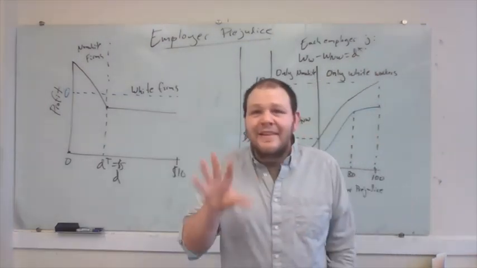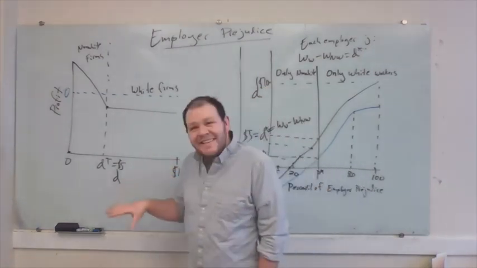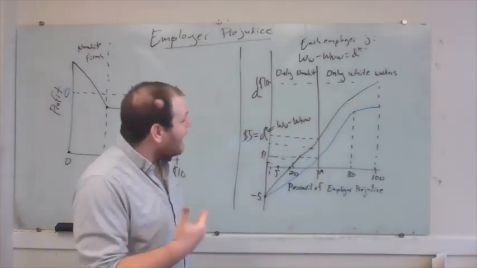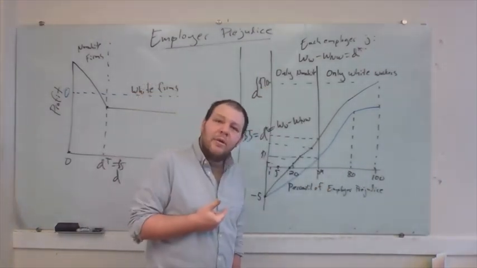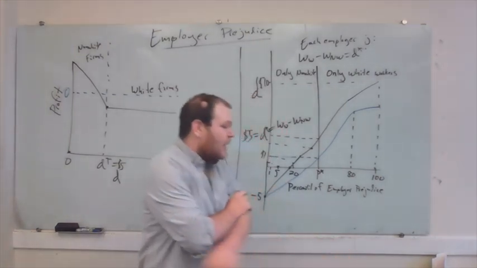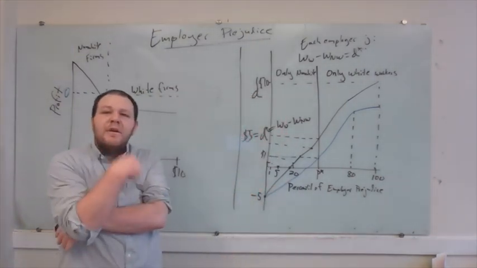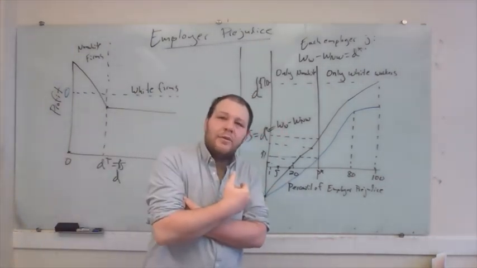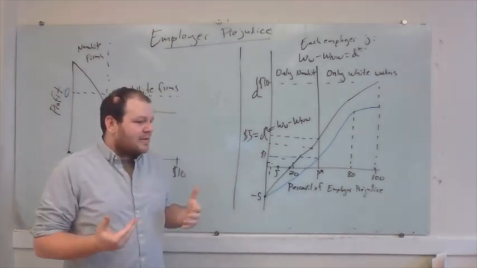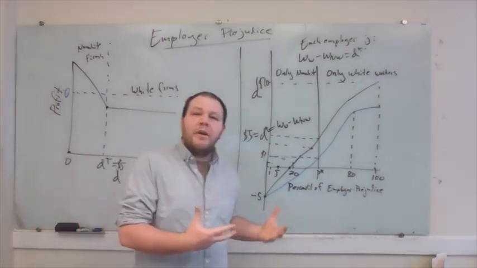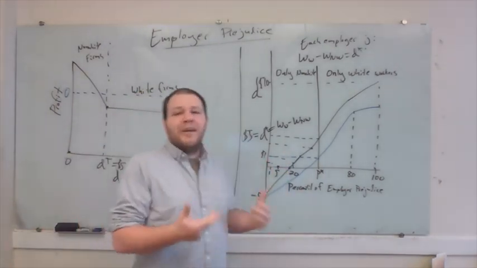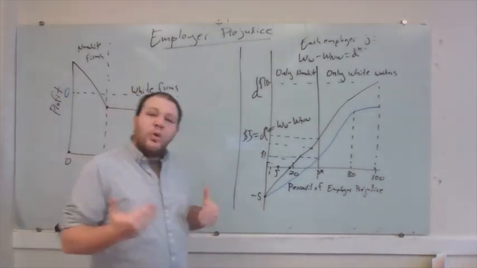The reason that this claim is controversial is that this seems like a fairly obviously incorrect claim. When Becker was writing these models in the 1950s, this might have seemed somewhat reasonable, right? He was writing these models at a time when we had very, very severe, legally sanctioned discrimination that was coming under increasing stress, right?